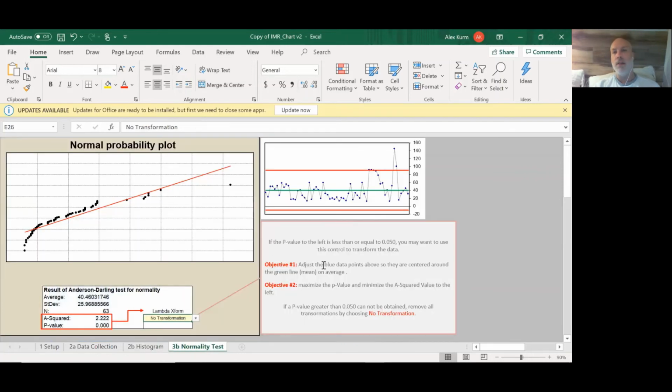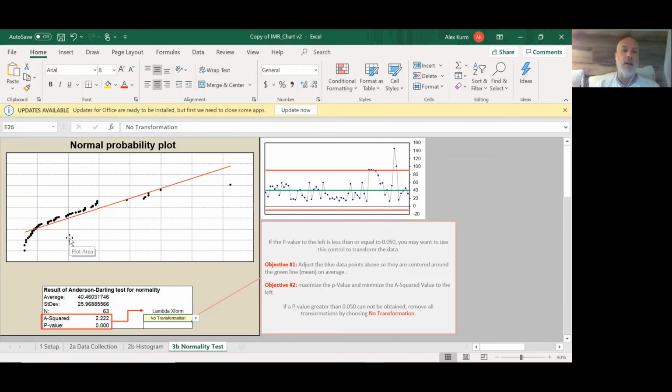Now, again, without getting into all the statistics, it takes the data from this sample you've given and automatically puts it into a normal probability plot to see, is my data normally distributed? This is important because when you do other analysis in Lean Six Sigma, a lot of those analyses are only able to be done if the data is normally distributed.